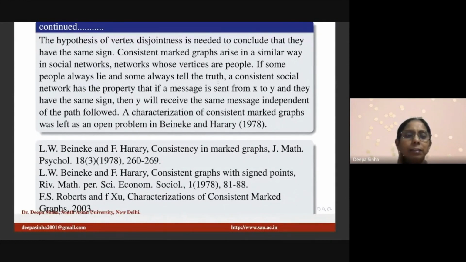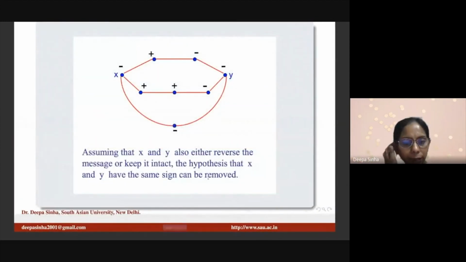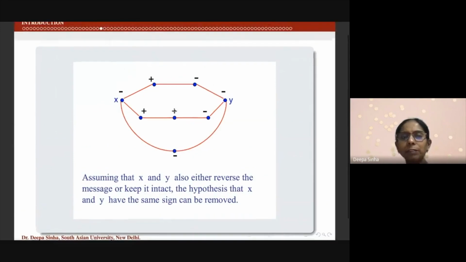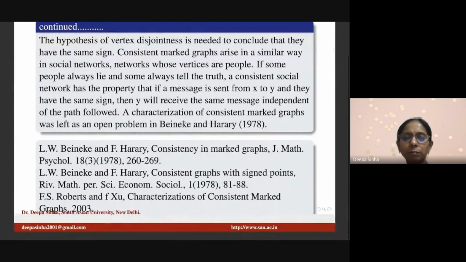And then the Beineke and Harary consistent marked graph is a sign graph. And then F. S. Roberts and Zhu and many other people have studied it. Okay. So this is the communication network, which is talking about this: if the person tells a lie, or always tells the truth, then how is it going to work?